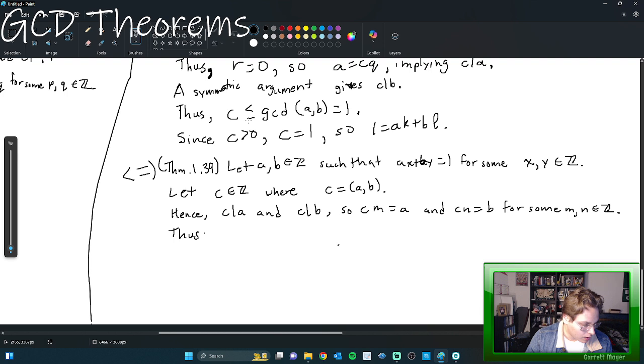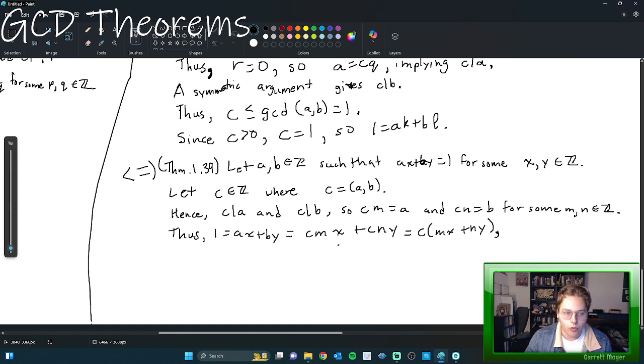Thus, 1 equals AX plus BY, which equals CmX plus CnY, which equals C times (mX plus nY). So we have that 1 can be written as the product of C and some integer. So that means that C divides 1.